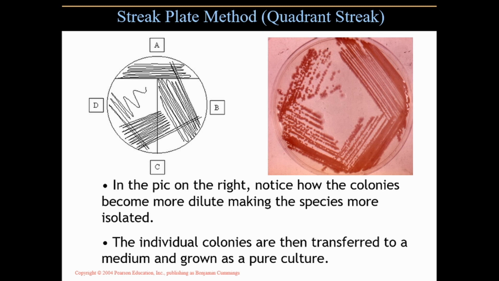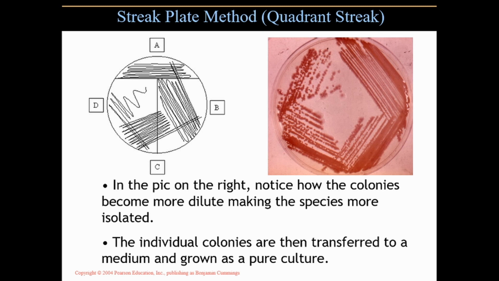And what happens is you start on one area of the Petri plate, you streak the bacteria on one section, then you sterilize your loop, which is the instrument that you use to transfer the bacteria. You sterilize it, and then, if you look at the picture on the right, that Petri plate on the lower right area, that would be quadrant number 2.